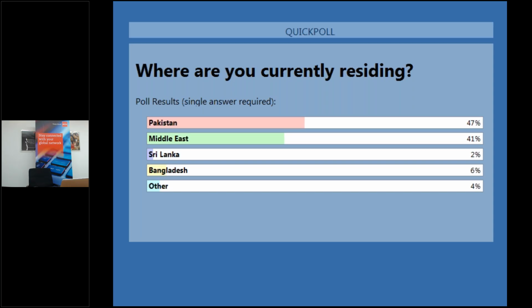I don't know where they are from, but they can write to us in the question box or chat box. Middle East is more, yeah. Definitely in our previous sessions they were greater in numbers, but this time Pakistan won.